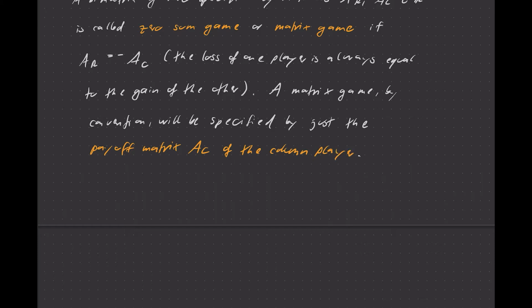And this implicitly contains the fact that the payoff matrix of the row player is then minus the specified matrix for the column player.